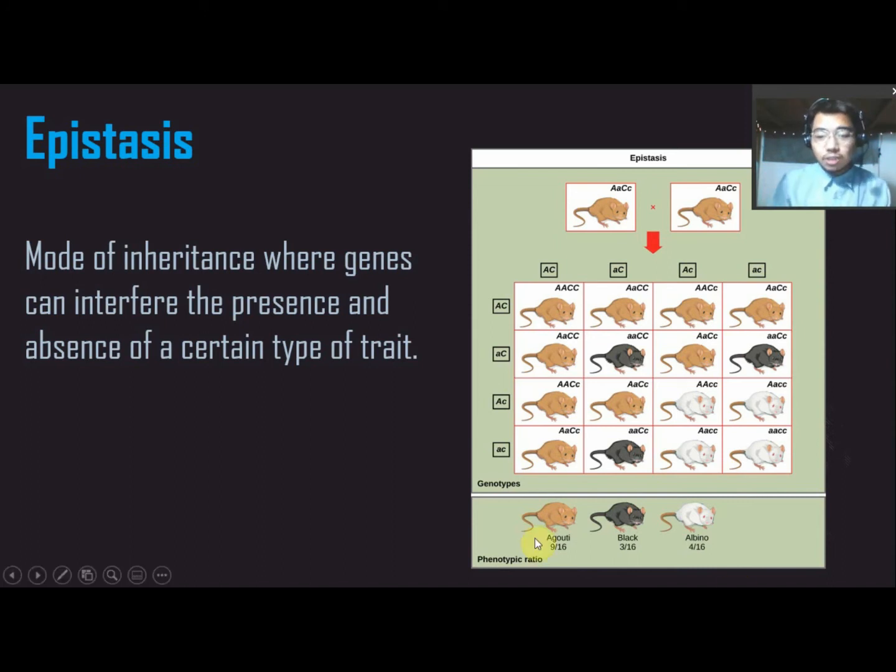Okay? The agouti color, the presence of black fur, and the presence of albino or no color at all. And this is summarized in your module, how epistasis happened when it comes to these organisms.